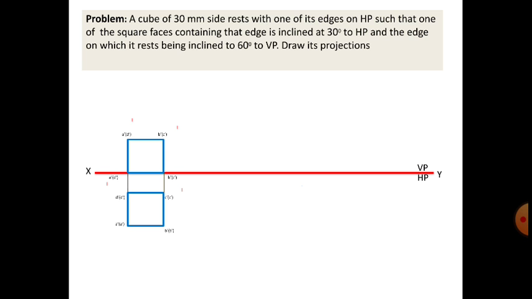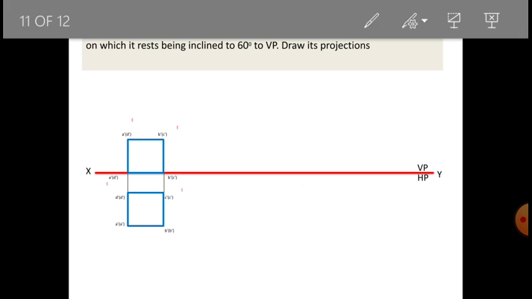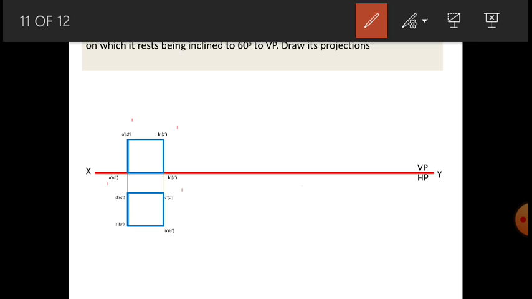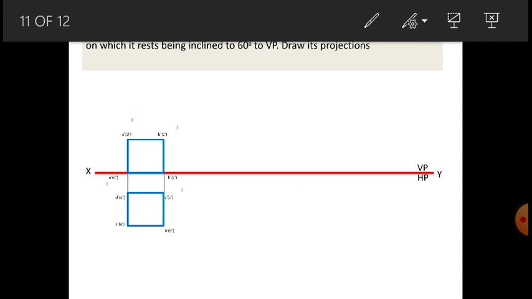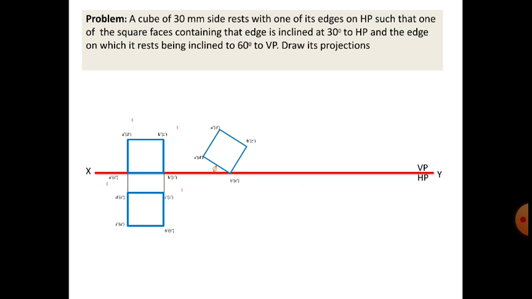Understand this: whenever it says inclination at any degrees to HP, we have to draw it in the VP. So we will draw it in the VP. You can see it has been inclined on the line B dash C dash.